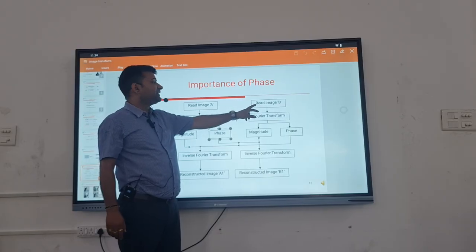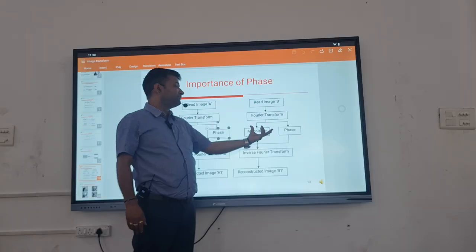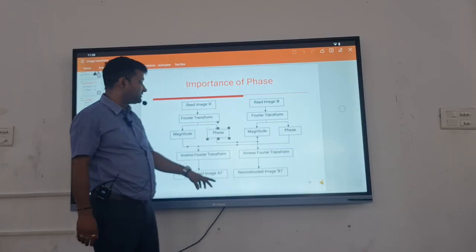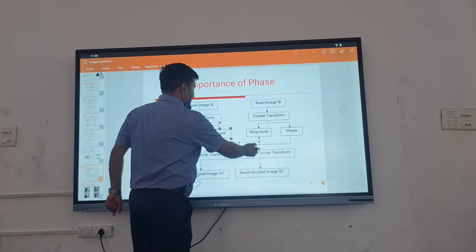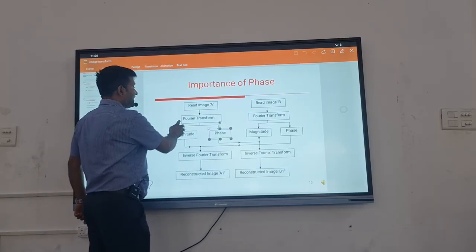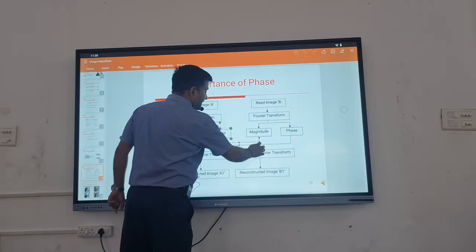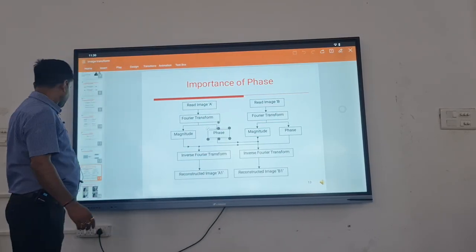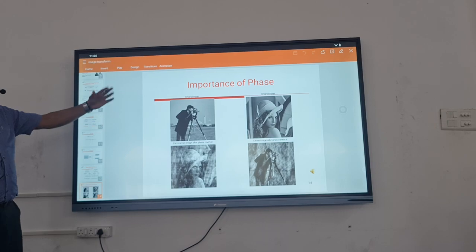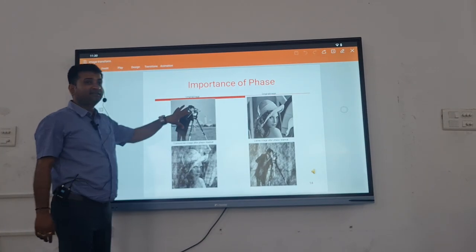This is treated as the image B. Here the Fourier transform of this image, you have found the magnitude and the phase, and this phase goes back to this image A and taking the inverse Fourier transform of the reconstructed image. Then this is the pictorial representation of importance of phase in this image.